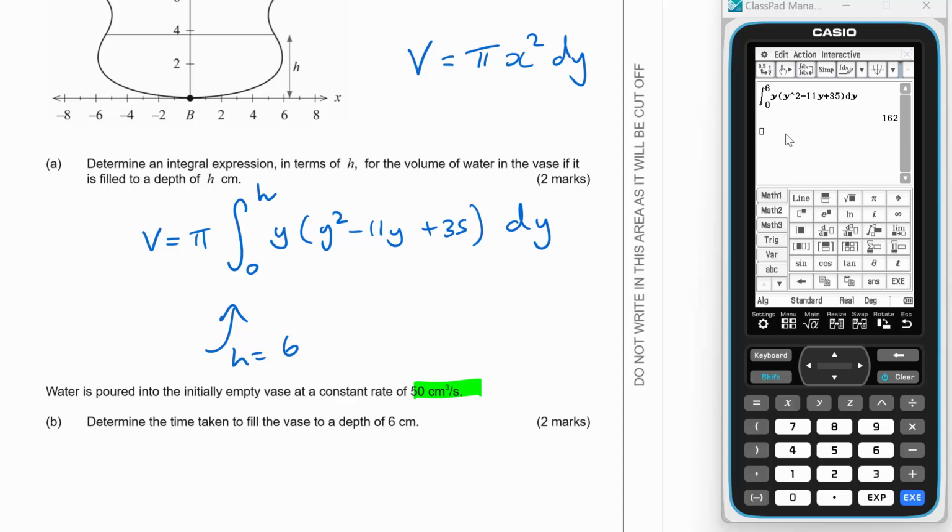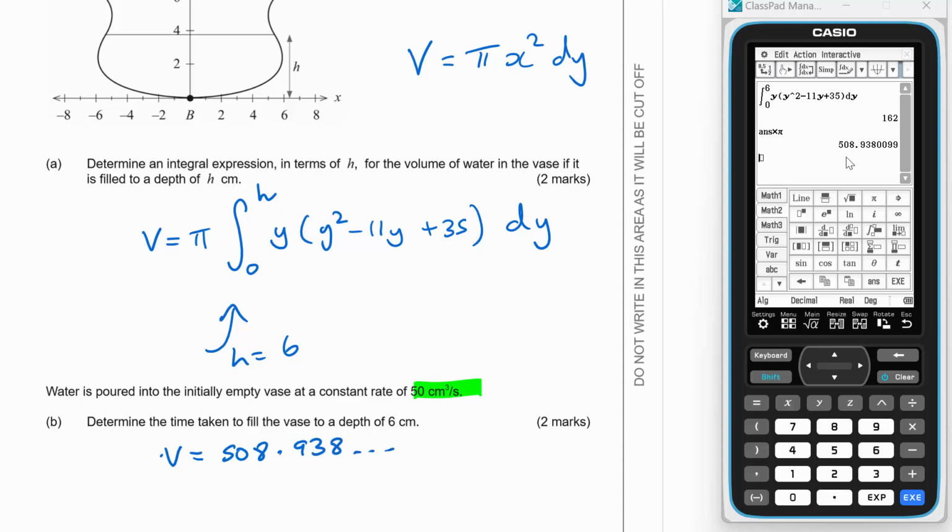That gives me 162, but of course I didn't multiply it by the pi in front, so I'm now going to multiply that by the pi, and if I did that in decimal it would be better. And so that is 508.938 and so on. So volume is 508.938 and so on.